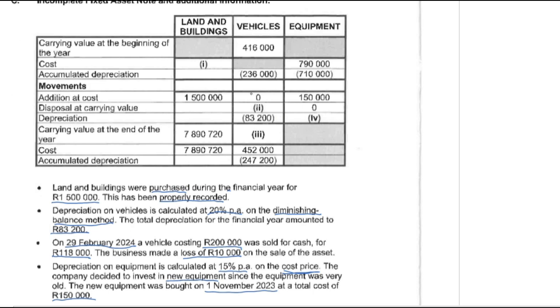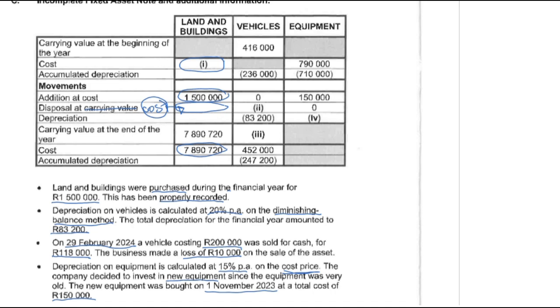So in the fixed asset note, if we take the cost at the beginning of the year and add additions at cost minus disposals at cost, it equals cost at the end of the year. It's important to note that in this equation, we use the cost of the disposal and not the carrying value of the disposal. So you will have to know the cost of the asset being disposed.